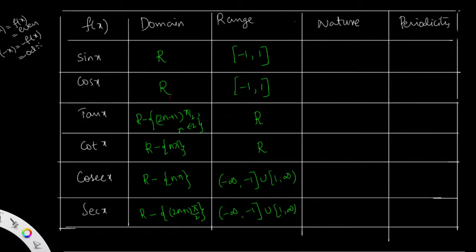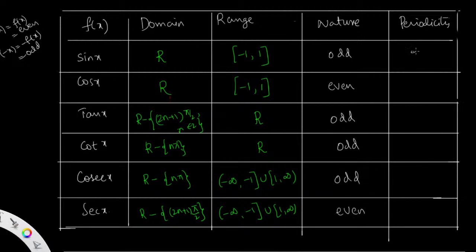That is the basic idea. Now substituting, sine of minus x is minus sine x, so it is an odd function. And cos of minus x is cos x, so cos x is an even function. Tan x is an odd function: tan of minus theta is minus tan theta, and cot of minus theta is minus cot theta, so it is also an odd function.